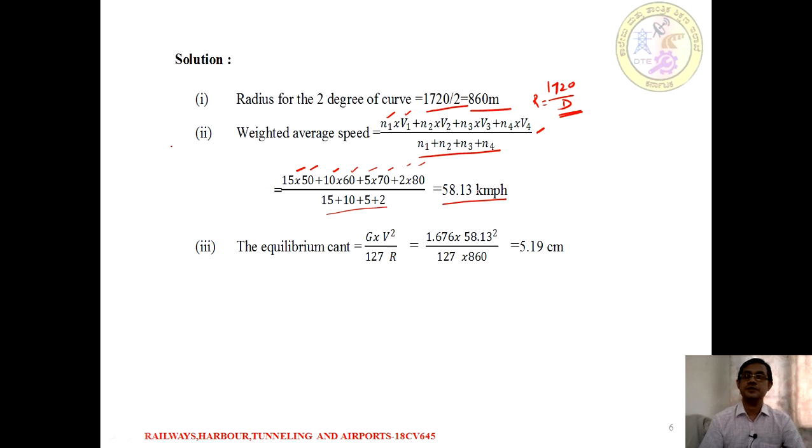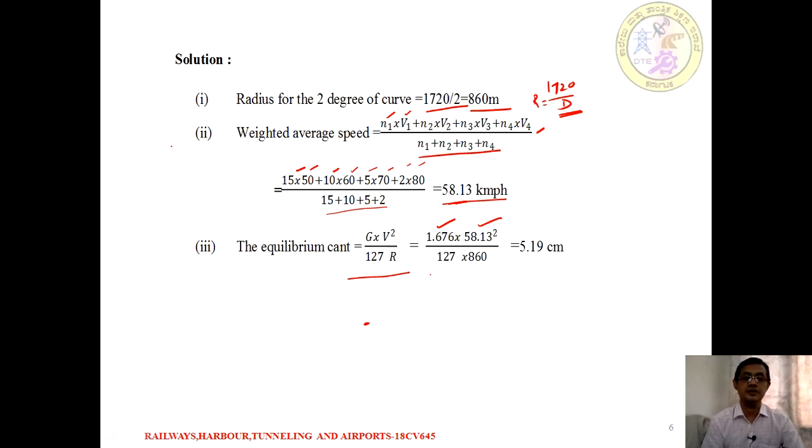So try to substitute this value in the standard formula for calculating the equilibrium cant, that is E is equal to GV square by 127R. As we know, it is going to be a broad gauge, G is 1.676, and the speed we have just found from the weighted average, 58.13 kilometers per hour.